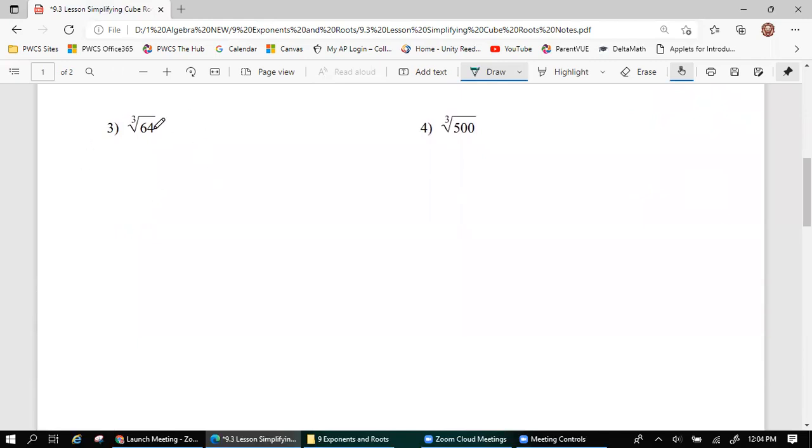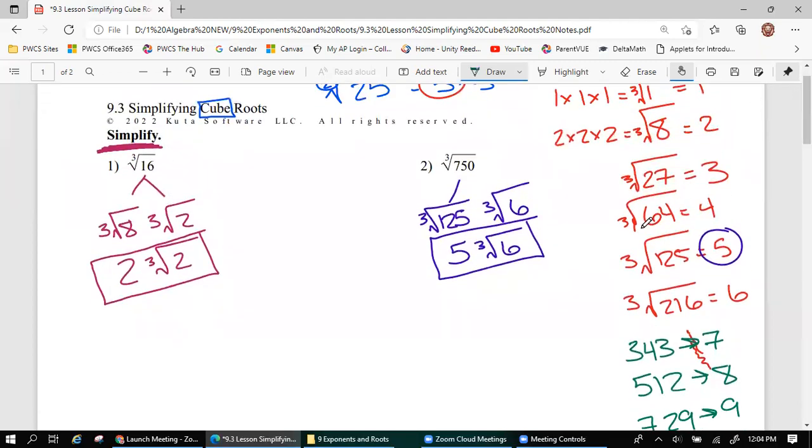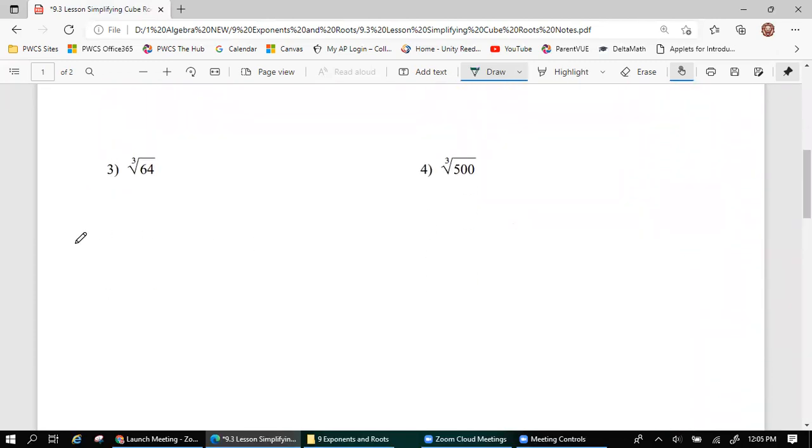So let me look at this next one. Cube root of 64. Well, if you're looking at our list of perfect cubes, I can see that 64 is a perfect cube. 4 times 4 times 4 makes 64, and therefore the cube root of 64 is just simply 4.